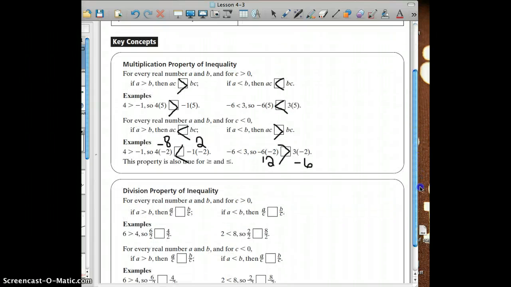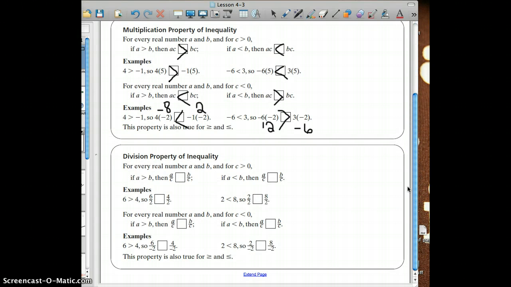Let's look at division. Okay, division's following the same kind of idea with the multiplication. We have a is greater than b, and we're going to divide both sides by the same value. As long as c is a positive number, the inequality is going to still hold true. The same with a less than symbol.